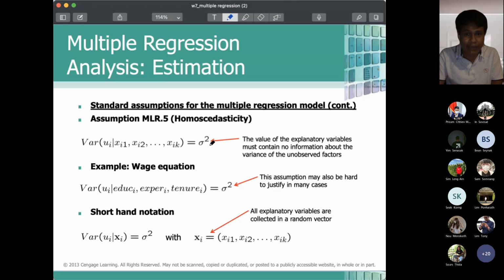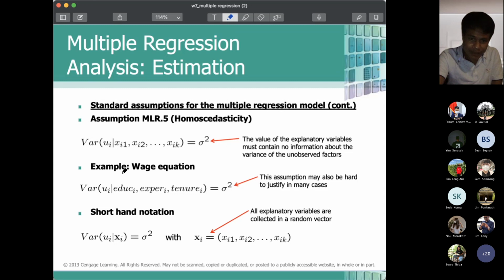Zero conditional mean is about the residual. The residual or error term should not be correlated with any x. But assumption number 5 is about variance. All right, different. So this variance should be constant and should not be conditional on any x.